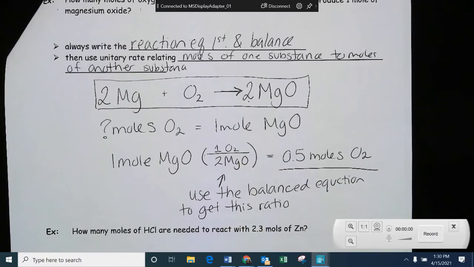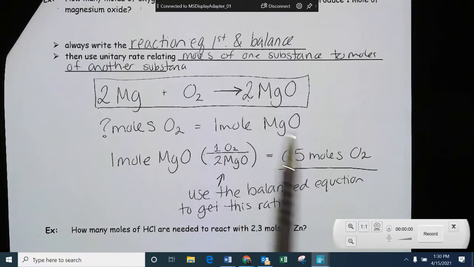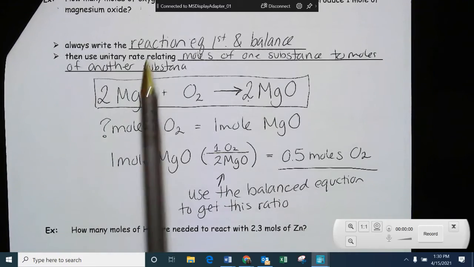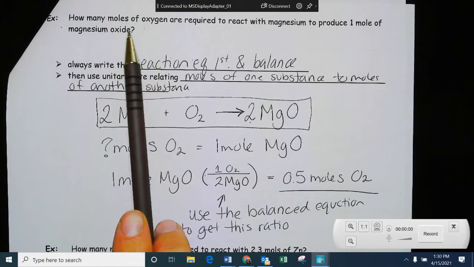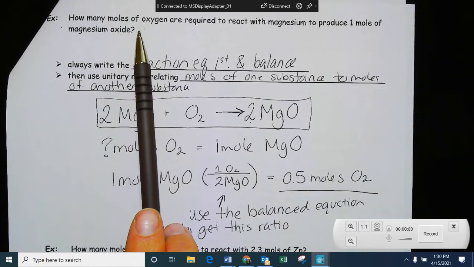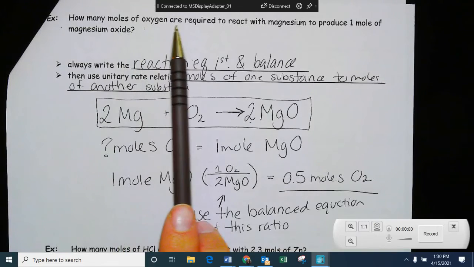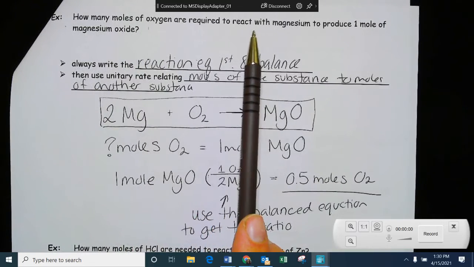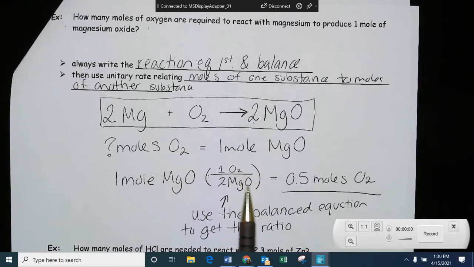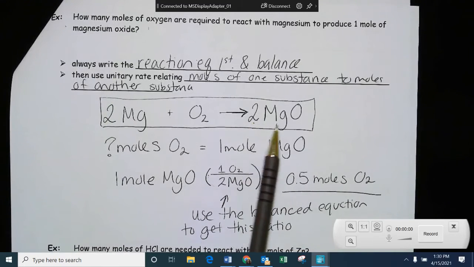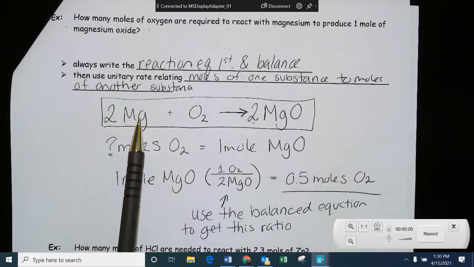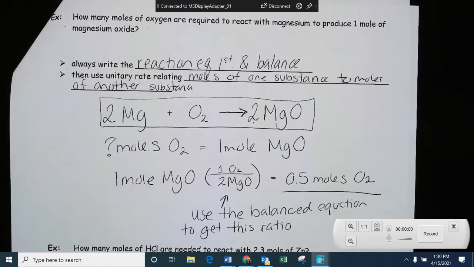If the question was how many moles of magnesium are required to react with oxygen, we would then use the ratio of 1 to 1 because we'd be doing magnesium oxide to magnesium. Does that answer your question?